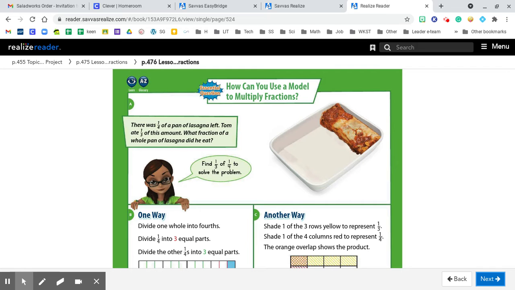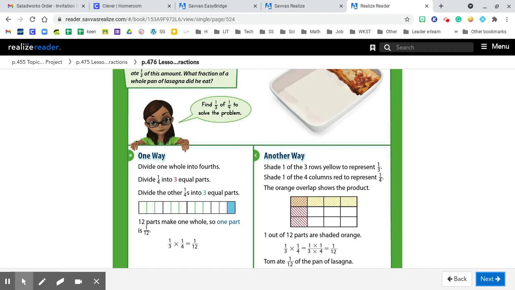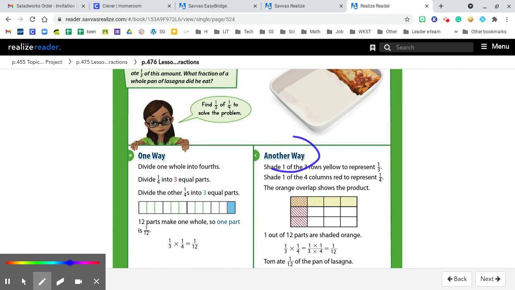All right, so let's take a look at the next section here. How can you use a model to multiply fractions? There was a quarter of a pan of lasagna left. That's what we're showing in the picture. And Tom ate 1/3 of that lasagna. The way I prefer is what's called another way here.